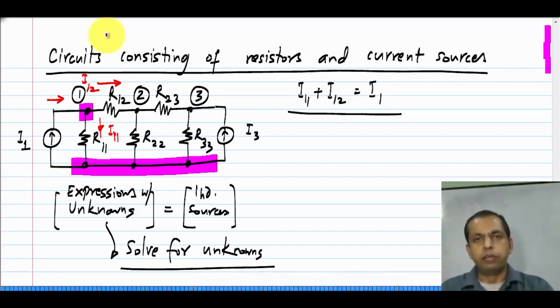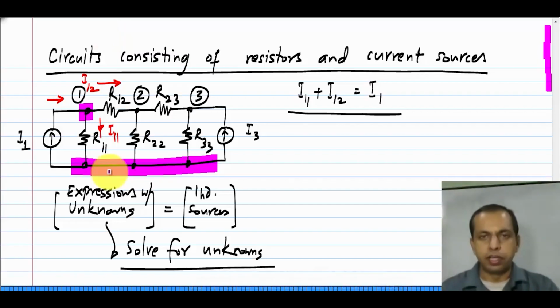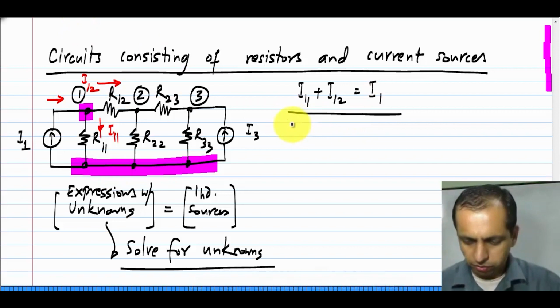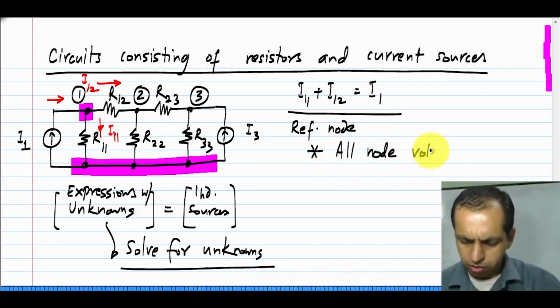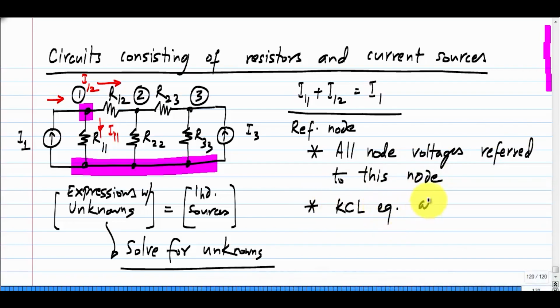While writing down the equations for nodal analysis, I will choose the node voltages with respect to a common reference node as my variables. The reference node will be the one node at which I am not writing the KCL equation. So, all node voltages refer to this node, and you do not write the KCL equation at the reference node.